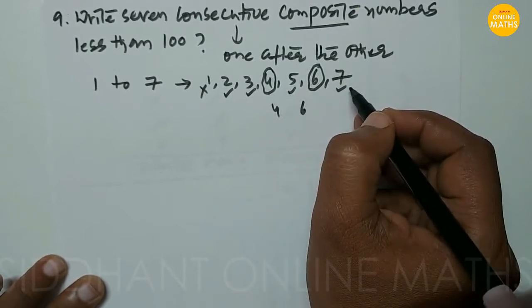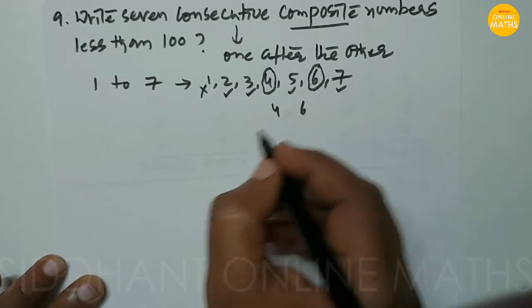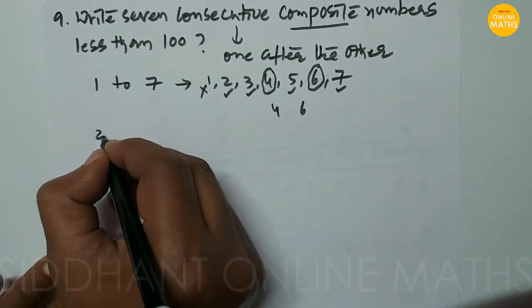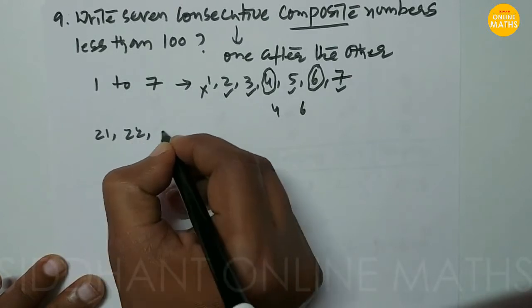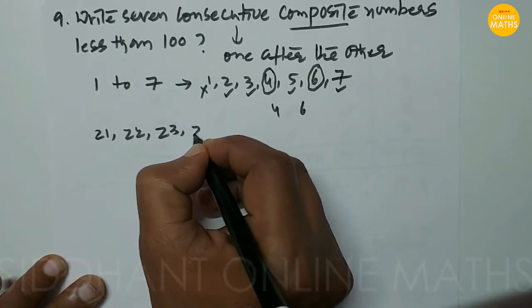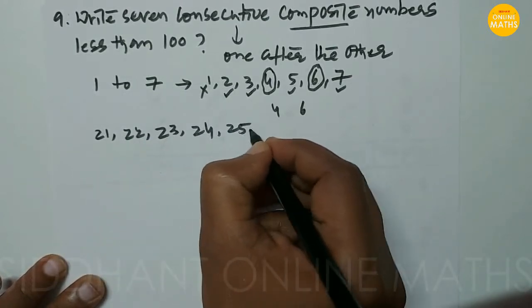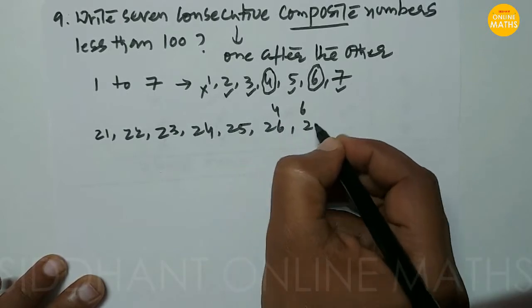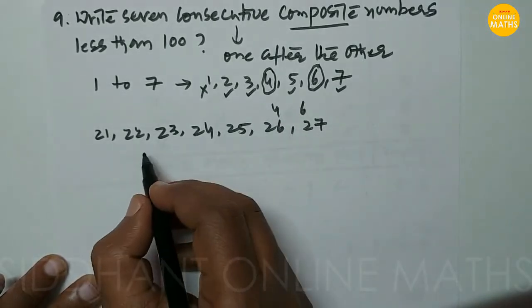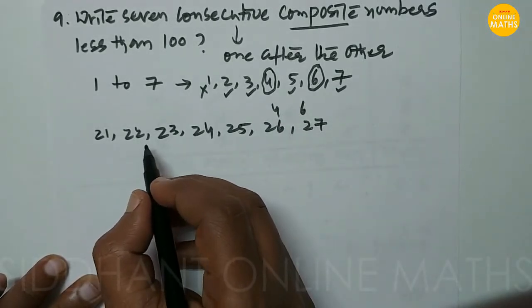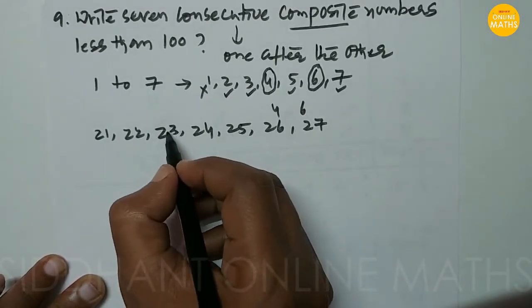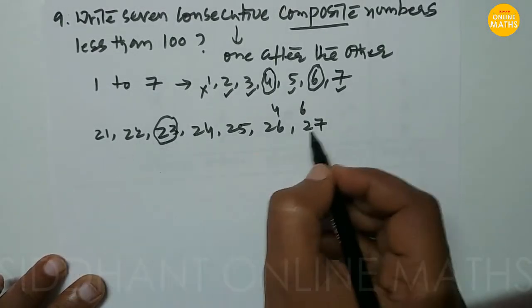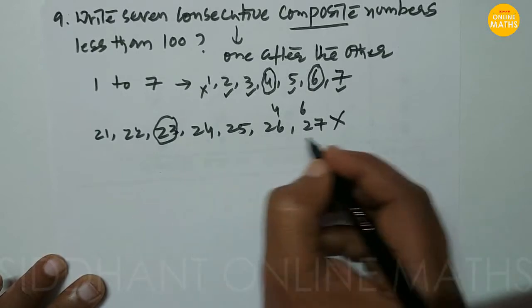Suppose you take 21, 22, and check whether all of these are composite numbers. No number should be a prime number. In between, there is a prime number, so this sequence is also not applicable.